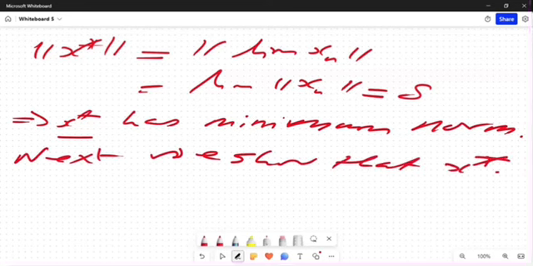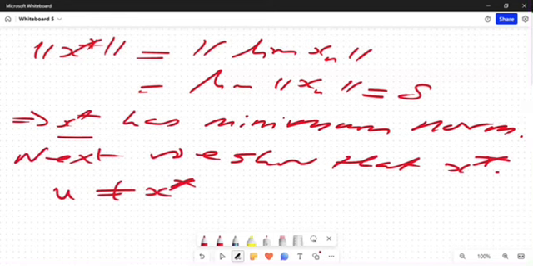What does that mean? It means that if there is another limit different from x star, maybe you call it u, our job is to show that both u and x star are the same.